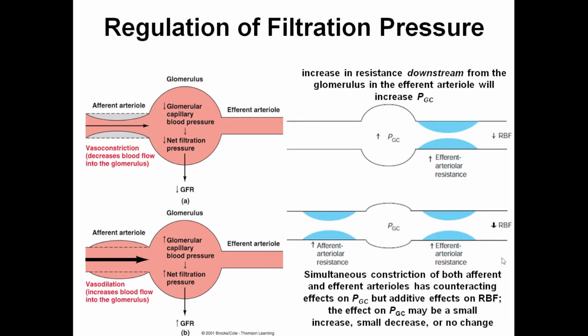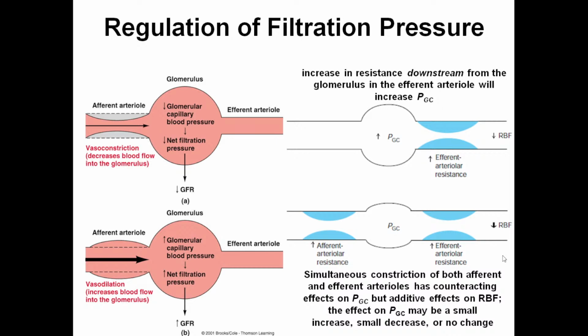But if you have simultaneous constriction of both afferent and efferent arterioles, these might have counteracting effects on the hydrostatic pressure and renal blood flow. And the effect might be a small increase, small decrease, or there might be no change. It depends on the degree of constriction.